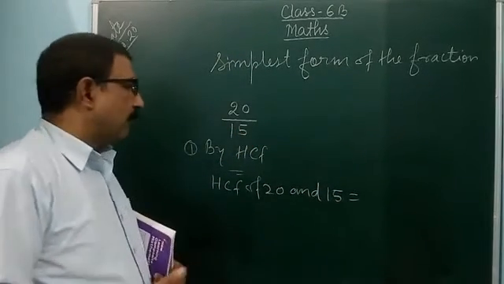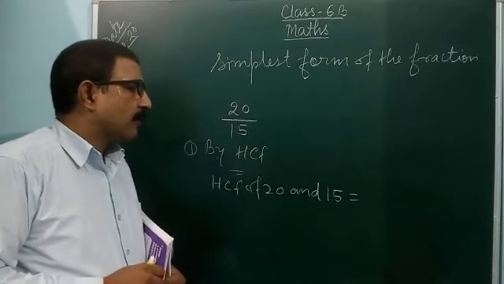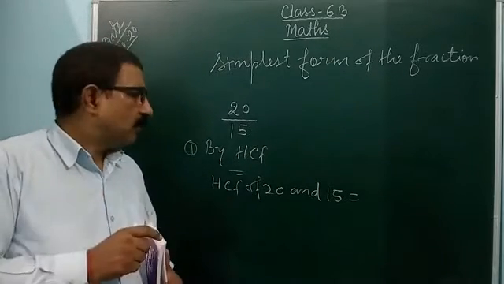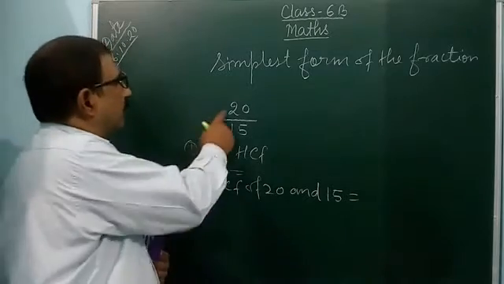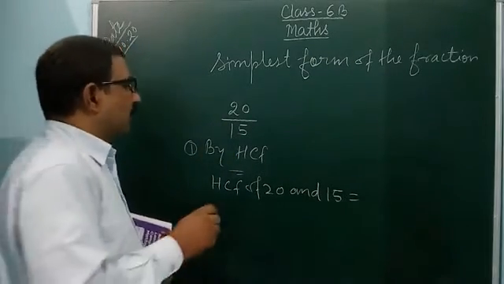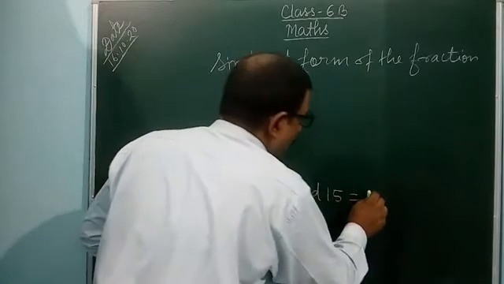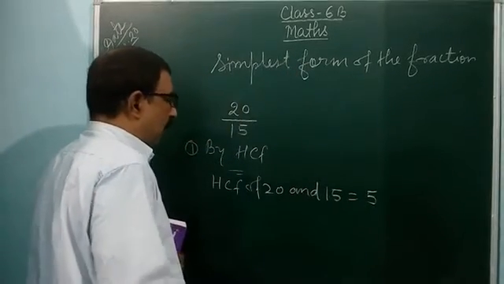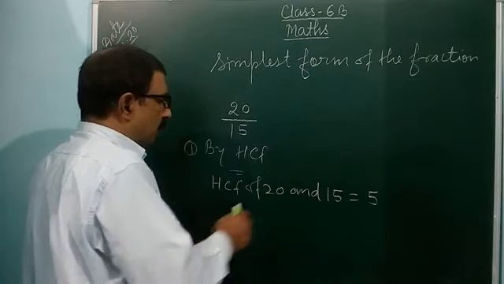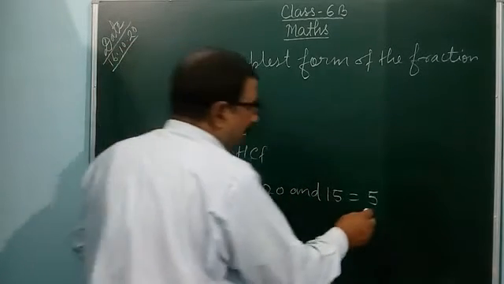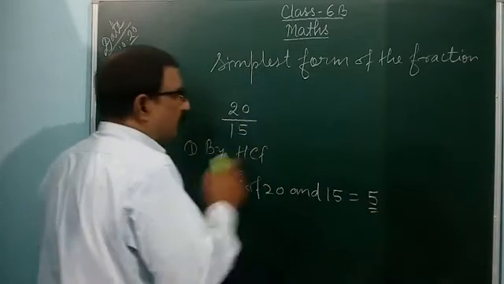So the HCF of 20 and 15 means you can find that number which can divide 20 and 15 both equally. As you can see, it will be 5. How is it 5? So you find out the HCF of 20 and 15, then you get the HCF of 20 and 15 is 5.